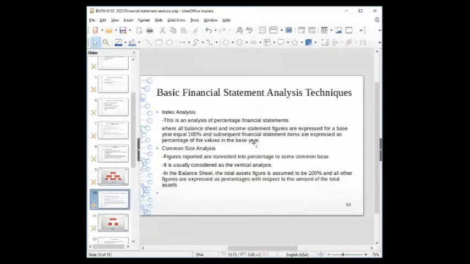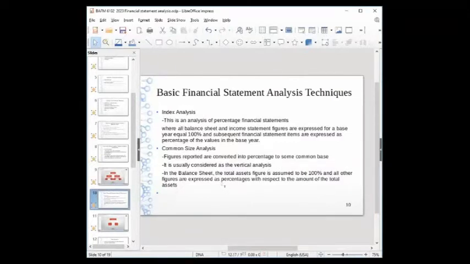Another technique is the common size analysis. Under this common size analysis, the figures reported are converted into percentages of some common base. It is usually considered vertical analysis.